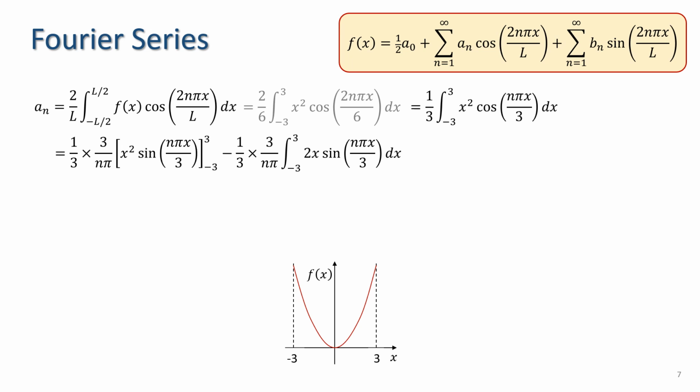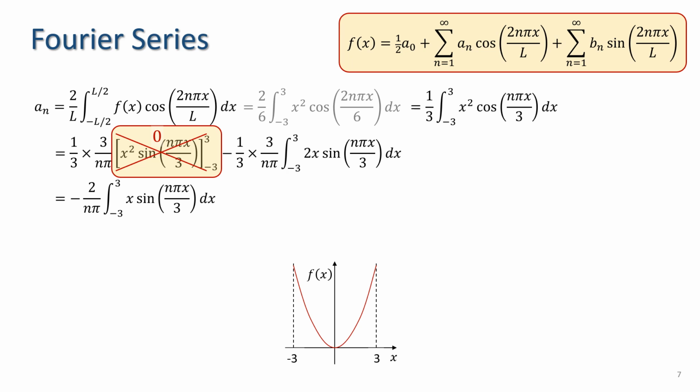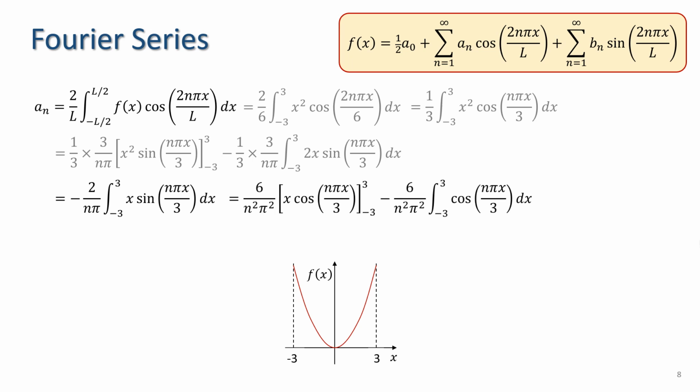Well, if we evaluate the terms in this first bracket, we get 0, since sine n pi is always 0. Thus, we are just left with minus 2 over n pi, integral between -3 and 3 of x sine n pi x over 3 dx. Integrating by parts again yields this result.